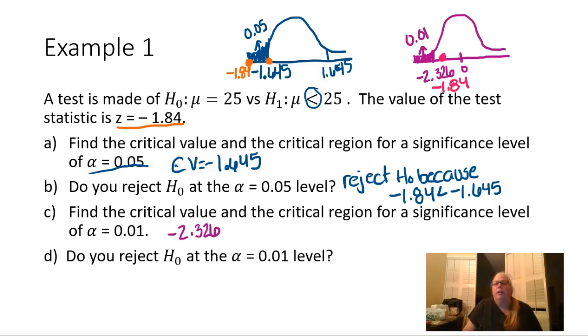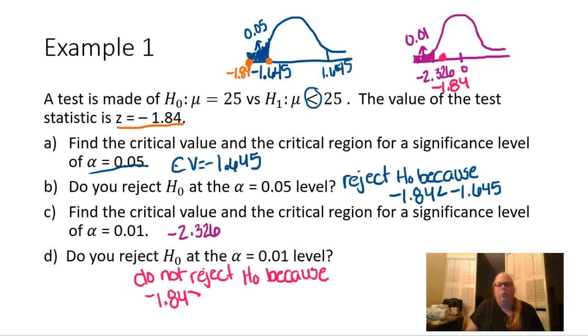And since negative 1.84 is in the white unshaded area, we will not reject the null hypothesis, because our test statistic, negative 1.84, is actually greater than our critical value of negative 2.326.